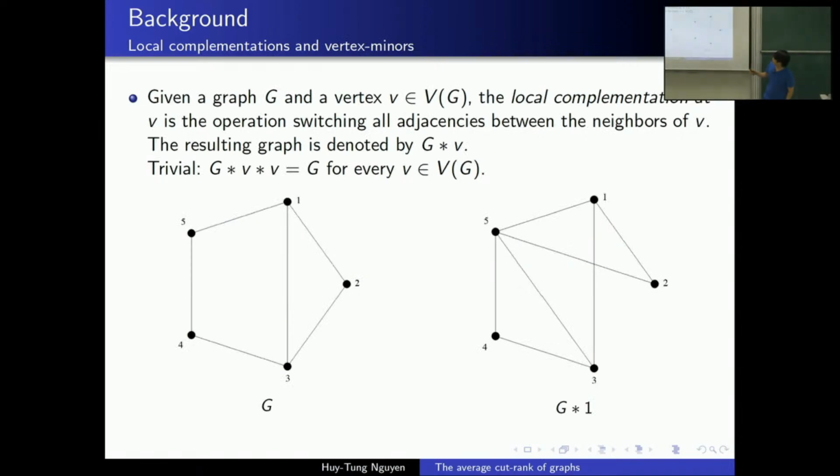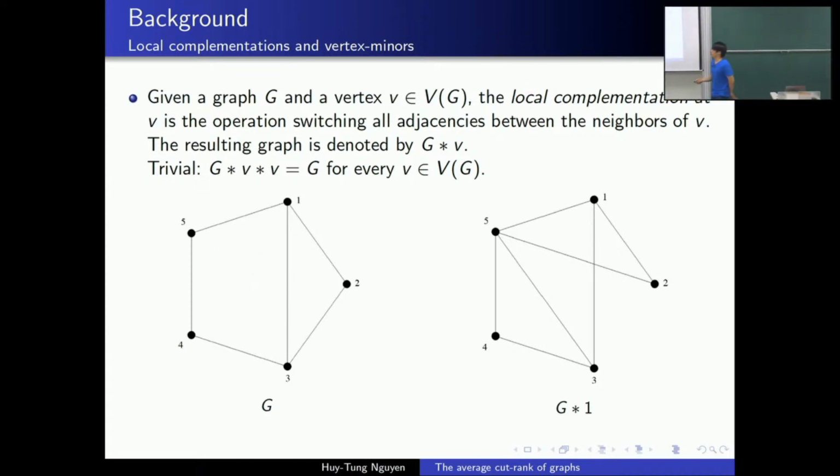Okay, now I'll go to local complementations and vertex-minors. The local complementation at a vertex v in a graph G is an operation switching the adjacencies between the neighbors of v. The resulting graph is denoted by G * v.